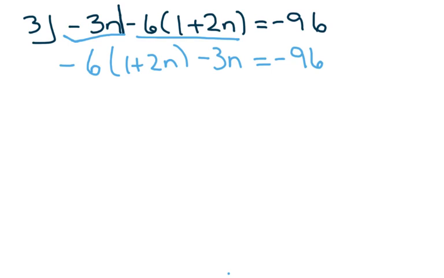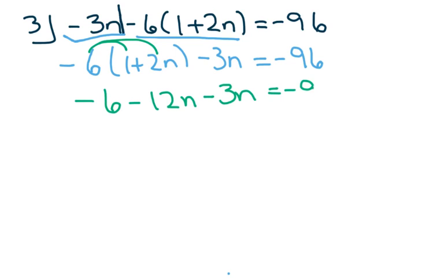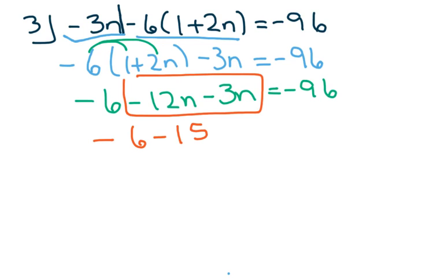Now I have it where I can distribute here. I get negative 6 minus 12n, and then carry down the 3n equals negative 96. Combine like terms. These are my like terms. So we have negative 6 minus 15n equals negative 96.